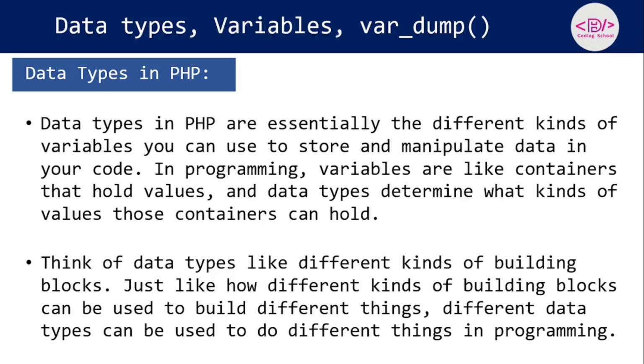In programming, variables are like containers that hold values, and the data types determine what kind of values those containers can hold. Think of data types like different kinds of building blocks. Just like different kinds of building blocks can be used to build different things, different data types can be used to do different things in programming.